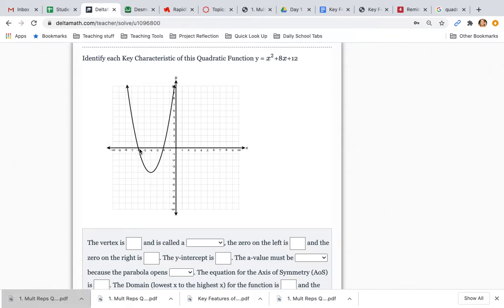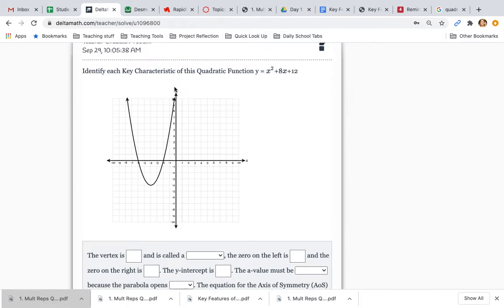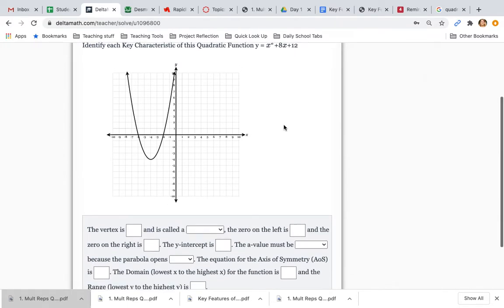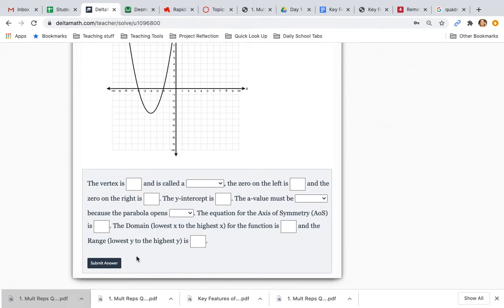We have x-intercepts here and here. The y-intercept, oh man, it's off the graph. Oh, we can look at our equation. There's our y-intercept. So whenever you don't see the y-intercept, it's over here on your function. And your job is to simply fill this in.